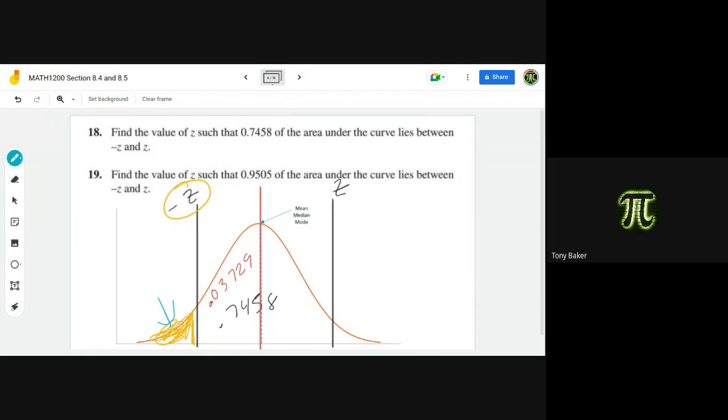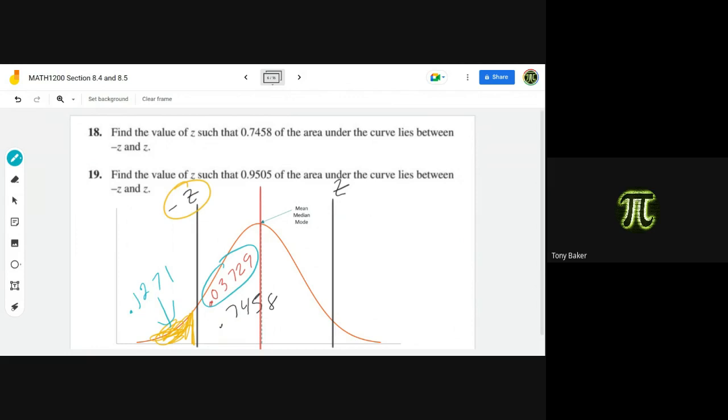So I'm looking for that piece right there. The 0.7458 is this whole section right here.